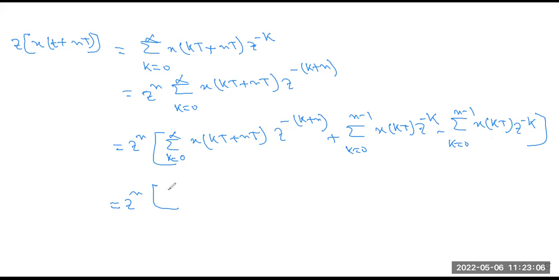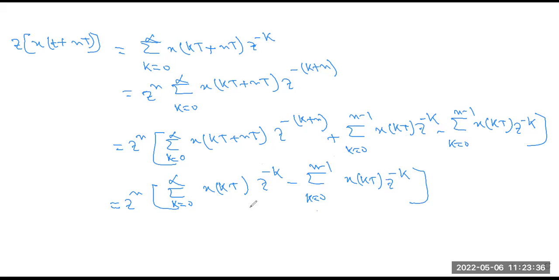Rest of the function is the summation of k equal to 0 to infinity x of kT into z to the power minus k, and another one, summation of k equal to 0 to n minus 1 x of kT z to the power minus k. So basically we have written two functions here.